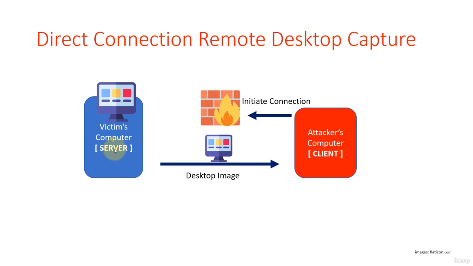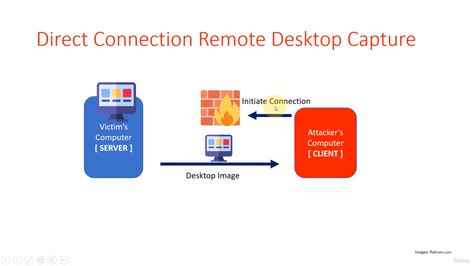This can happen if the attacker is on the internet and the victim's computer is behind a router or a modem or behind a firewall. In that case, the attacker's computer will not be able to initiate connection to the server because the firewall will block it. So in such a case, we cannot use direct remote desktop capture.